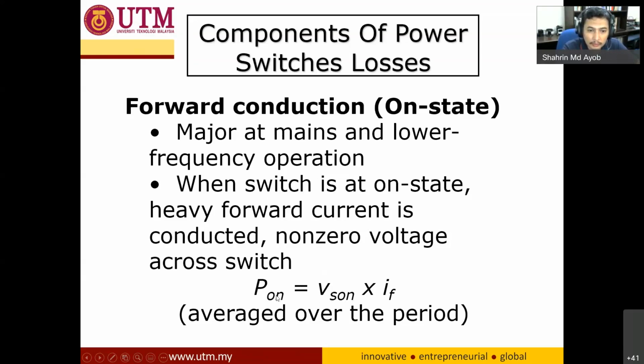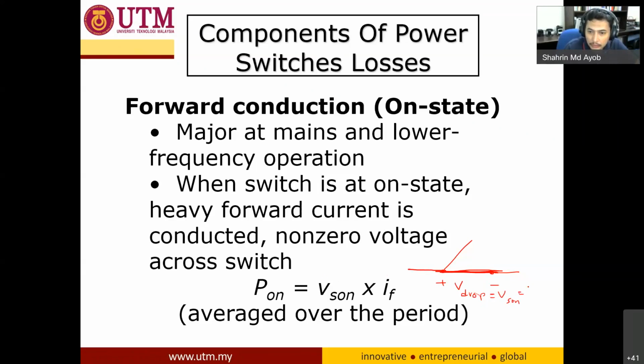P on is the symbol for the forward conduction losses. P on is equal to the voltage across the switch multiplied by I F. Meaning that when it is in the on state, the switch that was open is now closed. The voltage across it may have some V drop, or V S on, very minimum here.